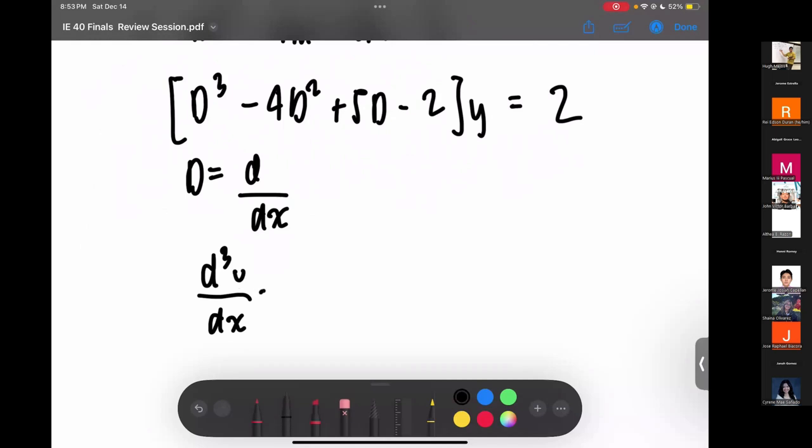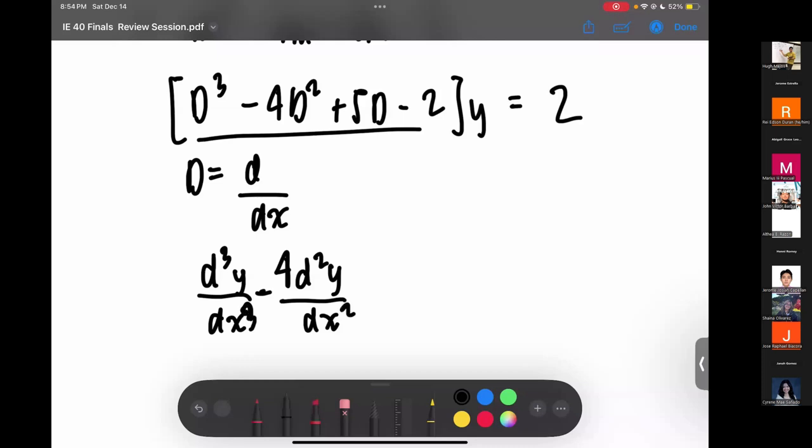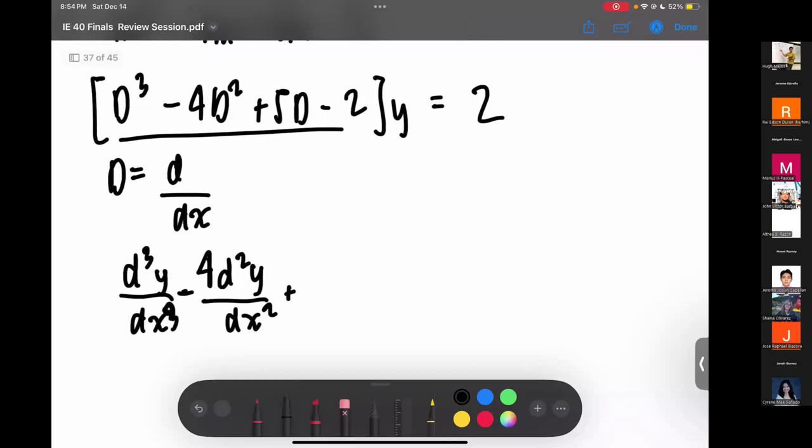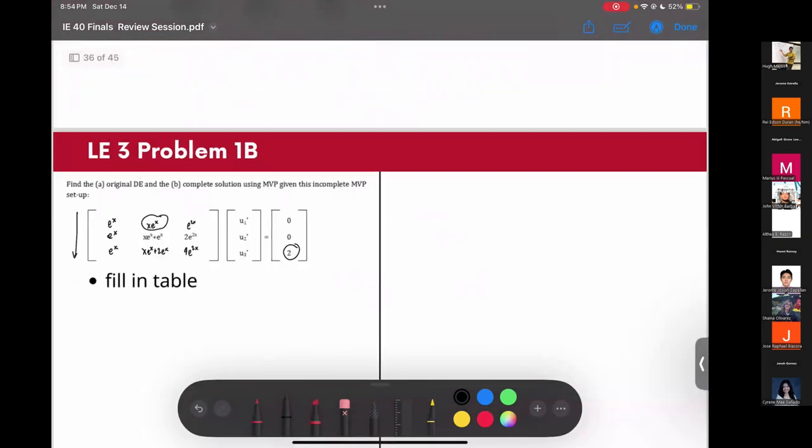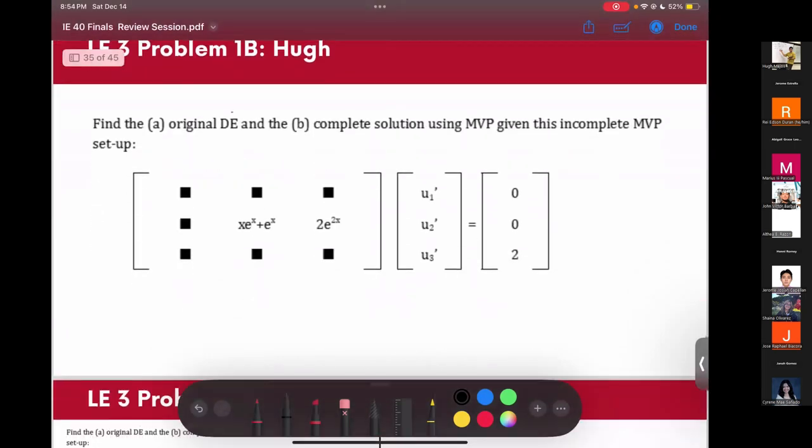So multiplying y across the whole thing, magiging d cubed y over dx cubed minus 4 d squared y over dx squared plus 5 dy over dx minus 2y equal to 2. So yun yung original DE. So that's the first thing asked from us, to find the original differential equation.